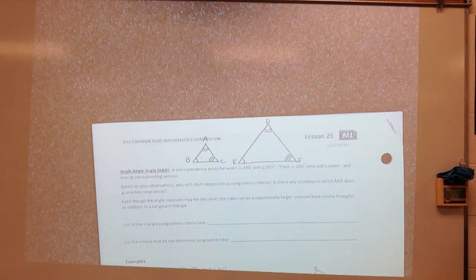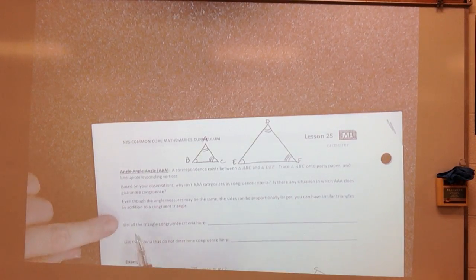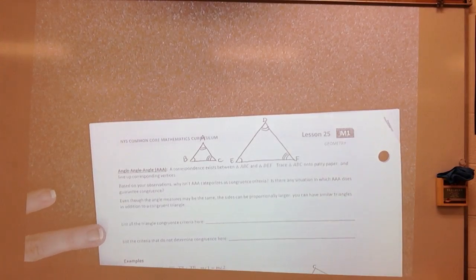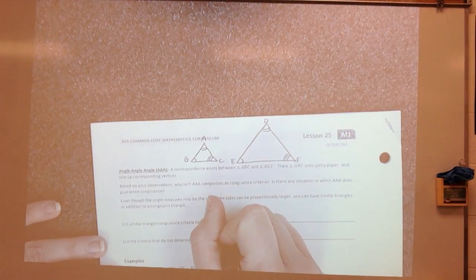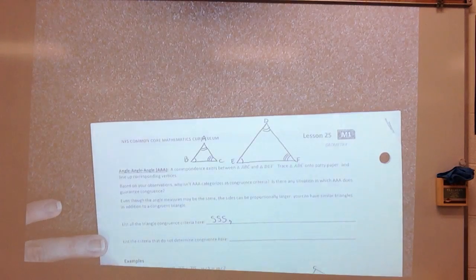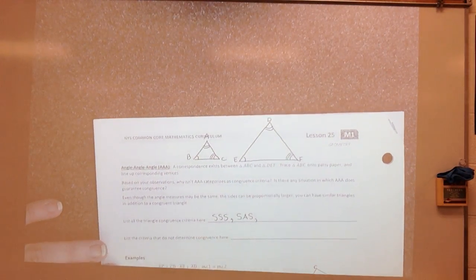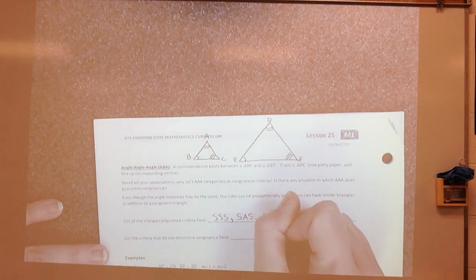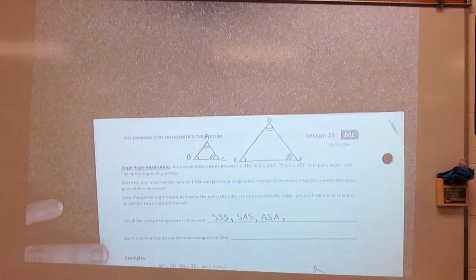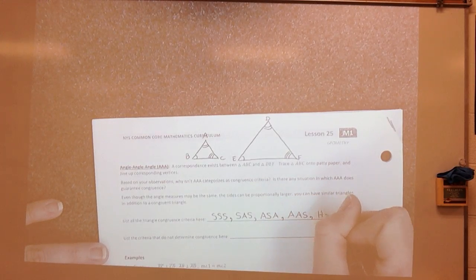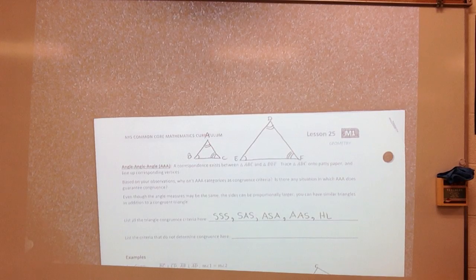List all of the triangle congruence criteria here. We need to list everything that we've learned. What we can use: side-side-side, side-angle-side, angle-side-angle, angle-angle-side, and hypotenuse-leg.